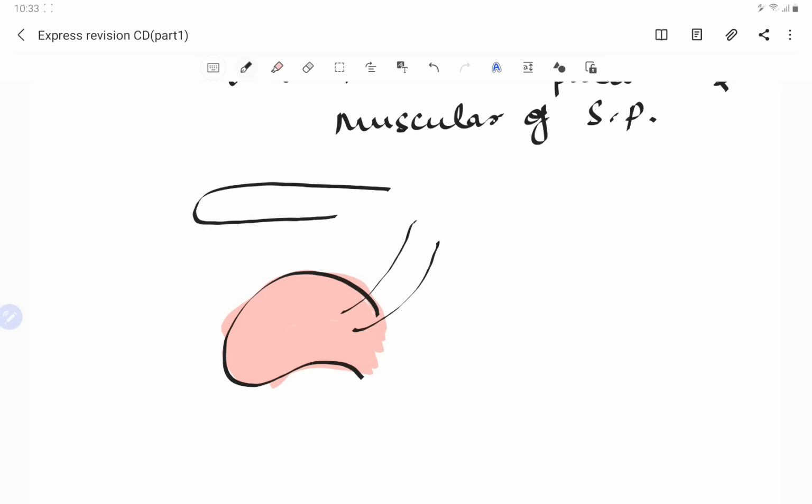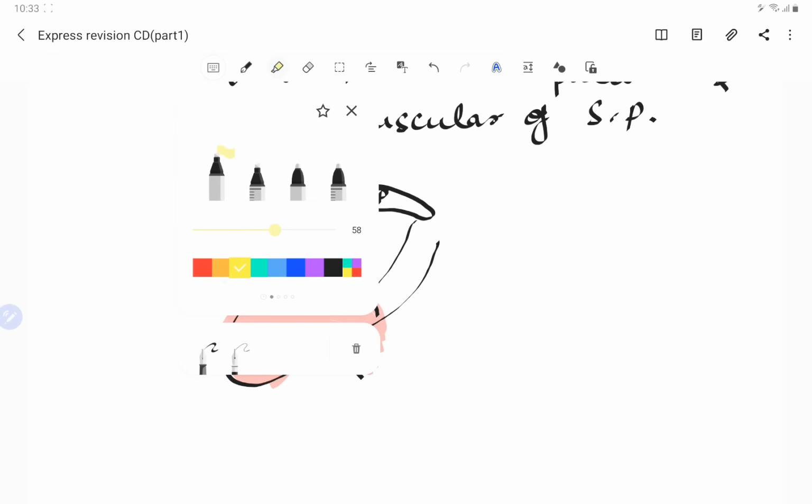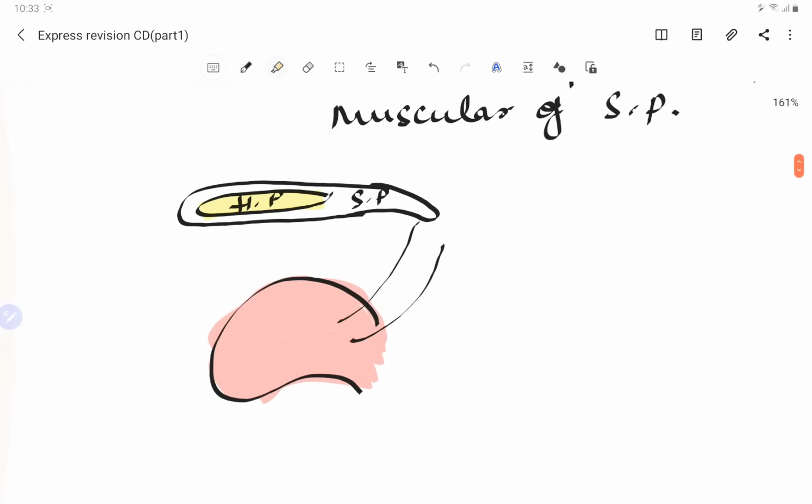Suppose this is the hard palate, and this particular fellow is our soft palate. Now from the soft palate, the muscle which is going to the tongue is the palatoglossus. Glossus means tongue, palate means from the palate. So arising from the palate, going to the tongue is the palatoglossus.